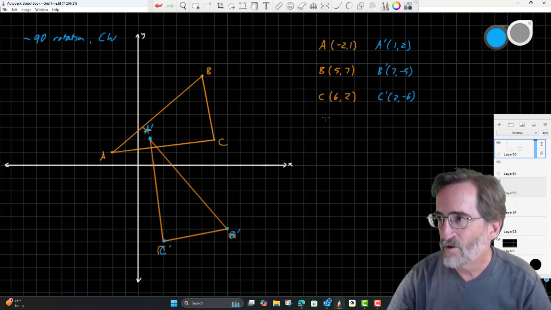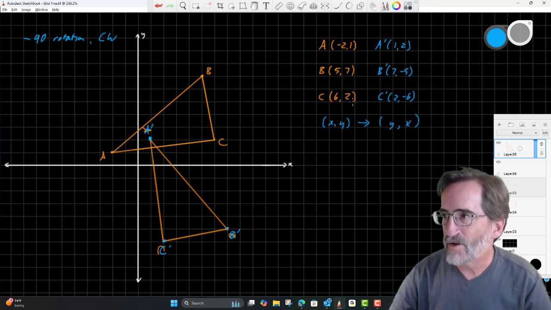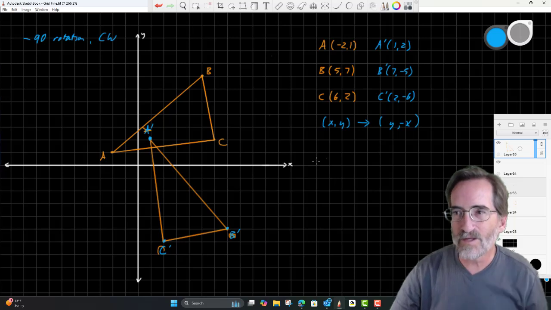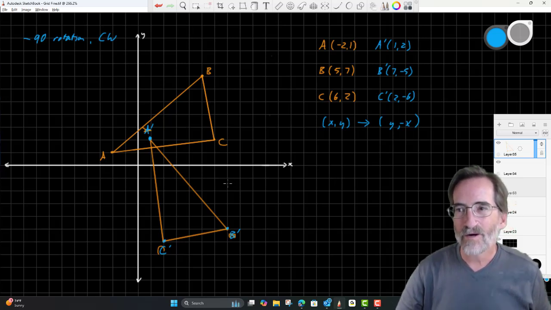Again, notice what's happened. The x and the y have traded places. (x, y) became (y, x), but something else happened. The -2 became a positive 2, so the x changed signs.